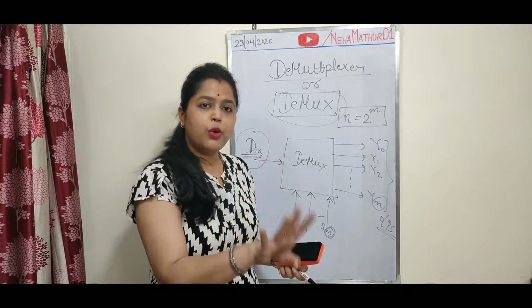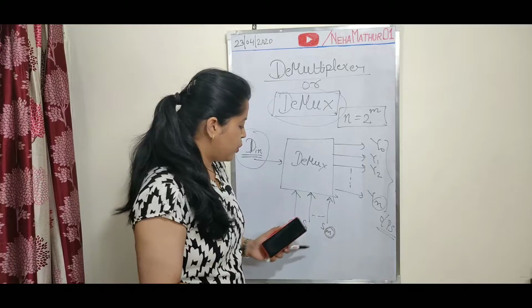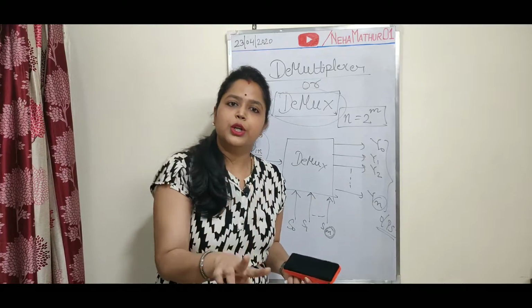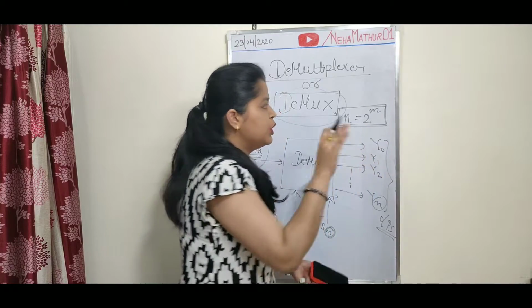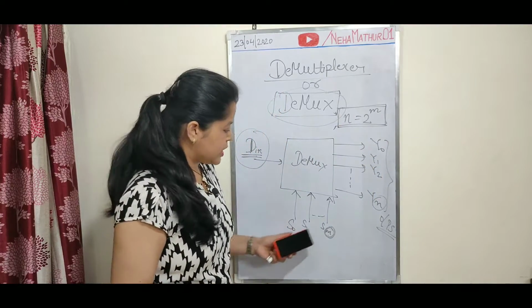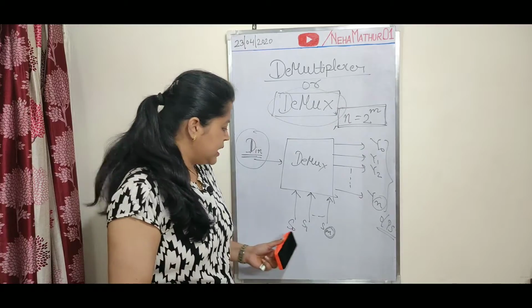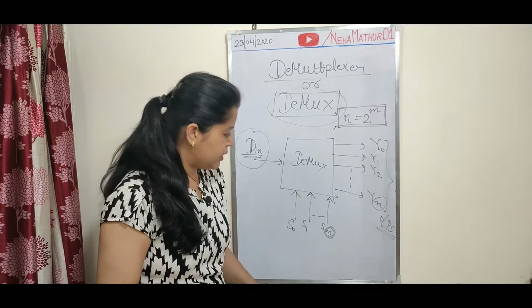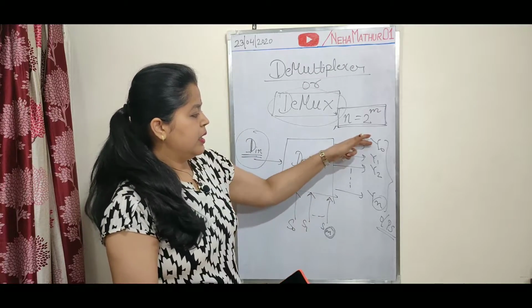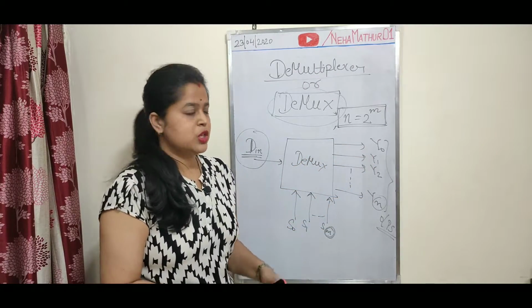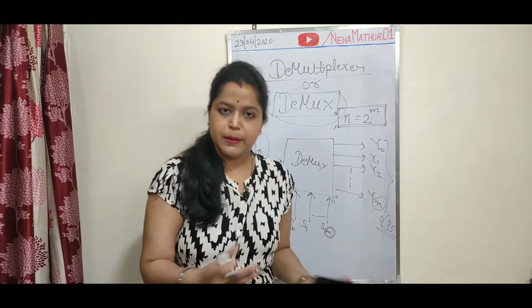Similarly, if you have 4 outputs, the total number of selection inputs will be 2. So, keeping in mind this relationship, you can find the number of selection inputs, and with the help of these, you can distribute this single input over n number of outputs. So this is the basic concept of demultiplexer.